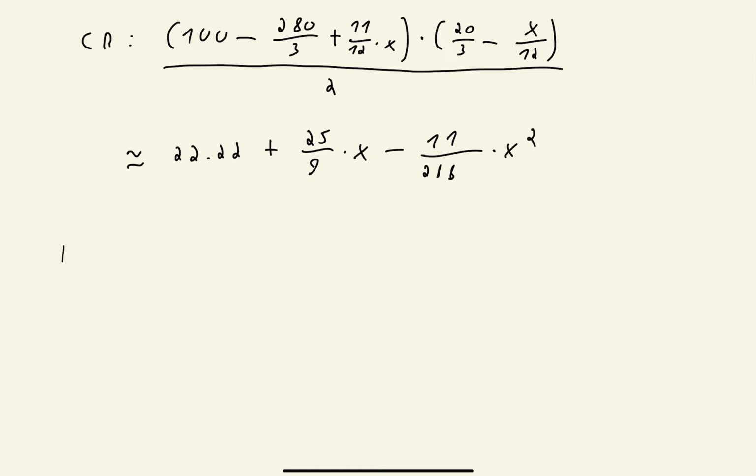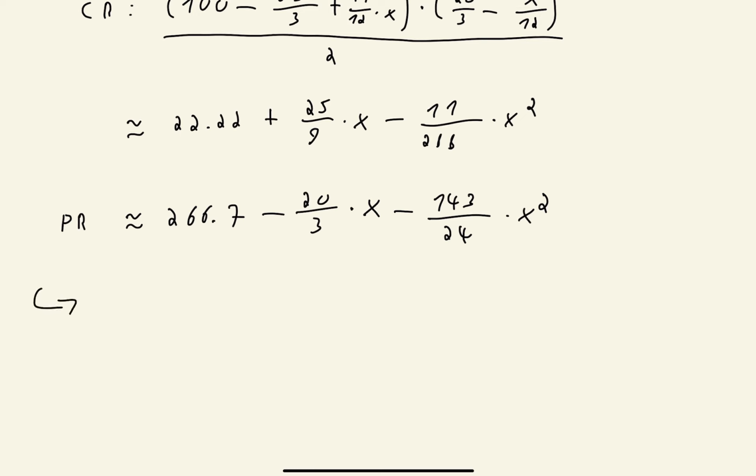And the producer rent, or the profit in this case, is roughly equal to, so I will shortcut the formula because basically you just change the price and the quantities, the rest is the same. So the producer rent is 266.7 minus 20 divided by 3 times X minus 143 divided by 24 times X to the power of 2.